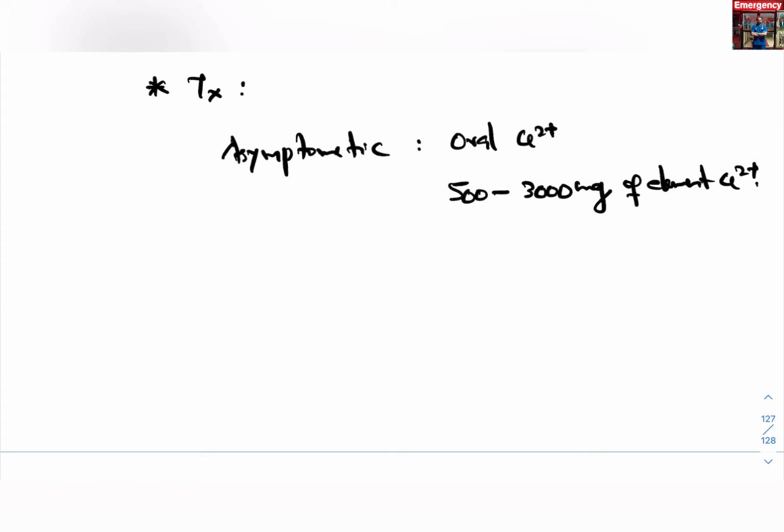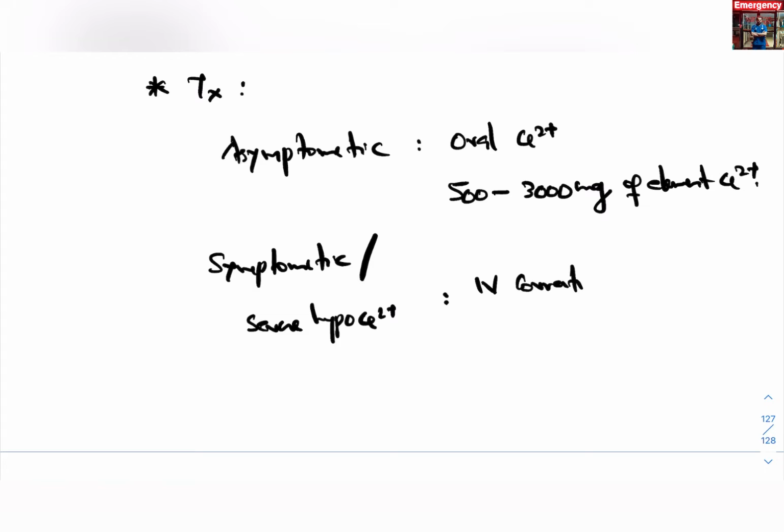But if the patient is symptomatic, or if the patient has severe hypocalcemia, then IV correction is recommended. For IV correction we can use either calcium chloride or calcium gluconate.